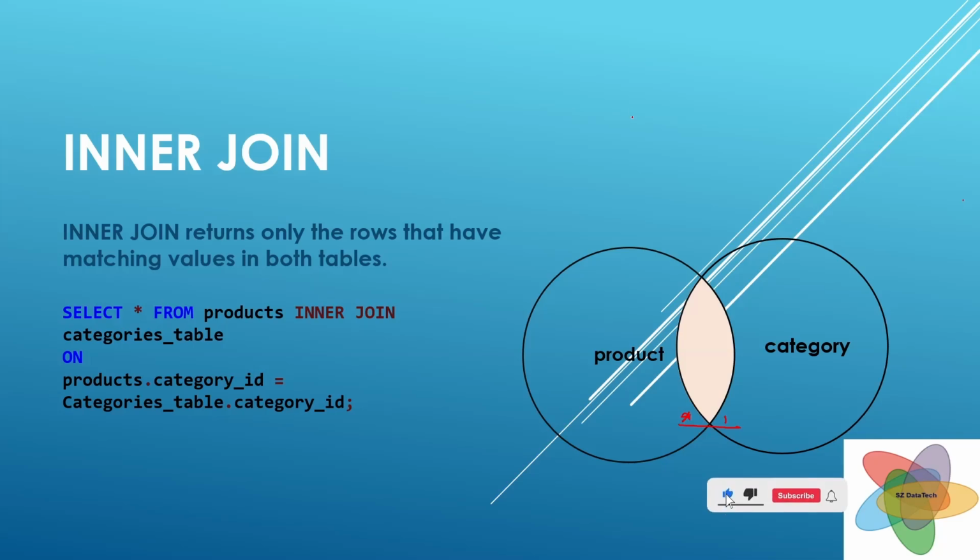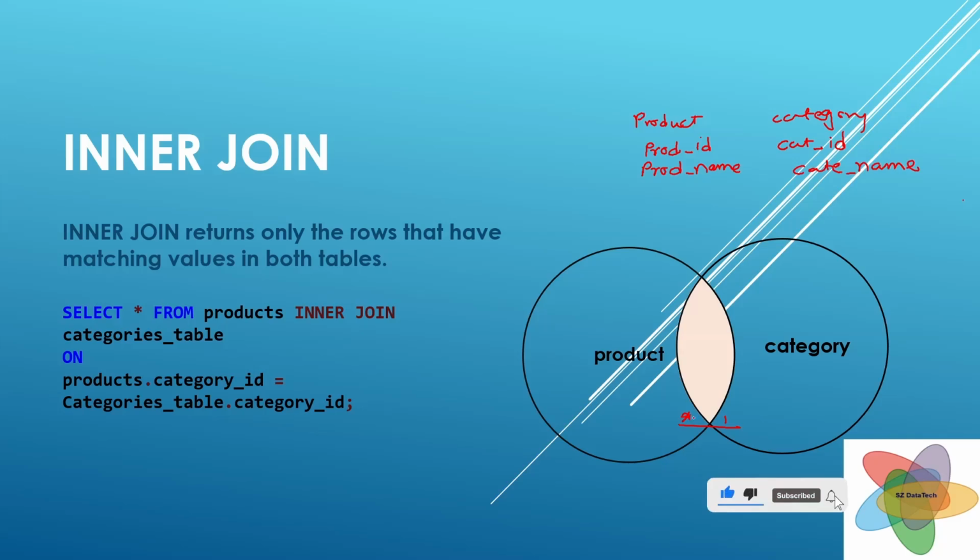Let's say there is a product table and a category table. The product table has columns like prod ID, prod name, and category ID, and the category table has columns category ID and category name.